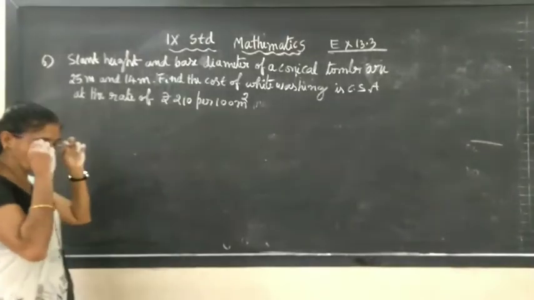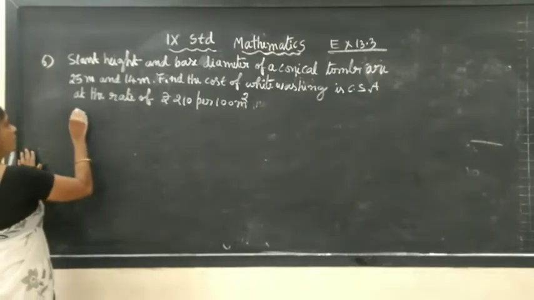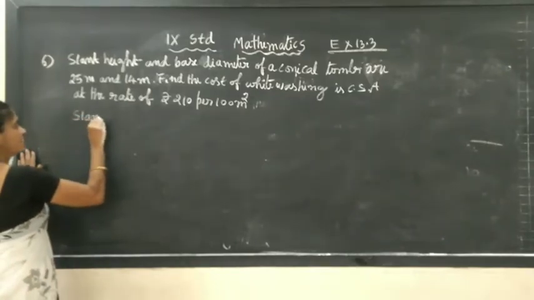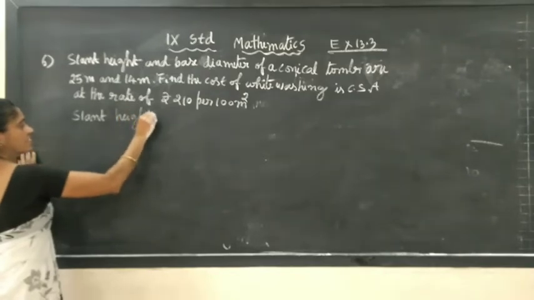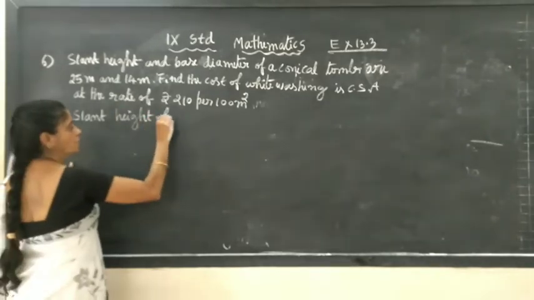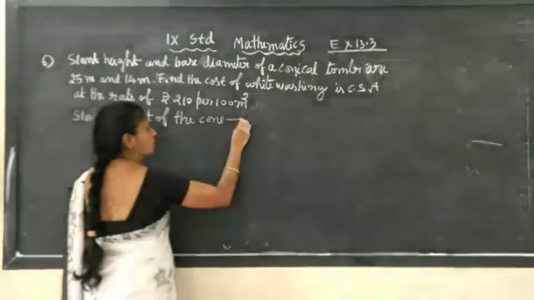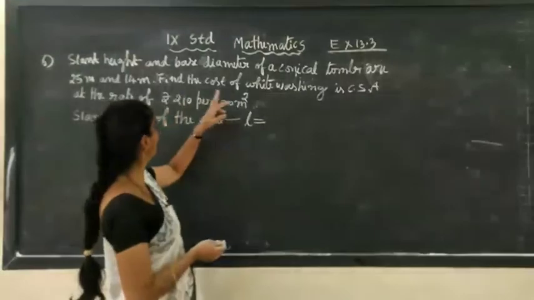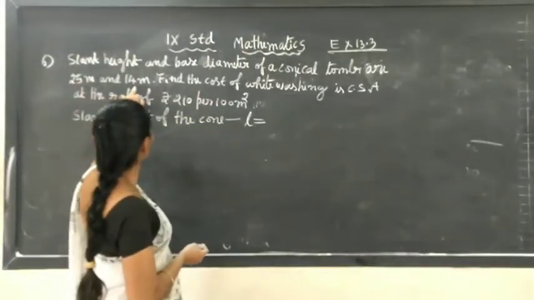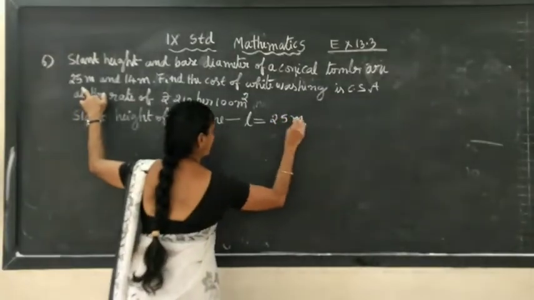Okay, so we will do it step by step. What values are given? Slant height of the cone, L, is 25 meter.